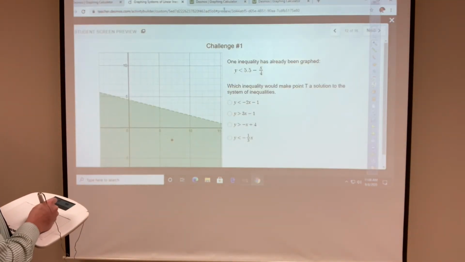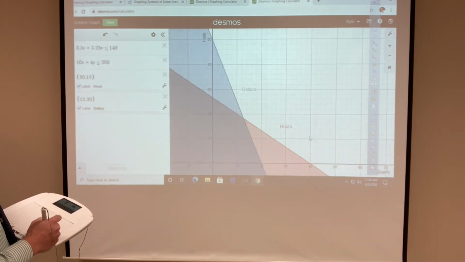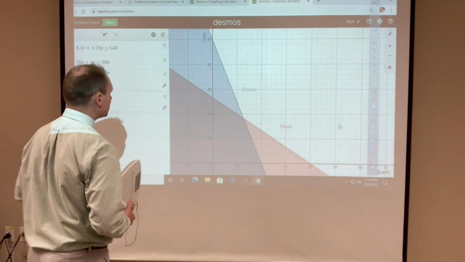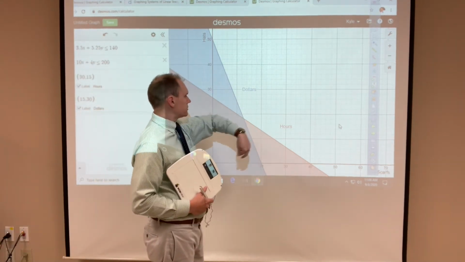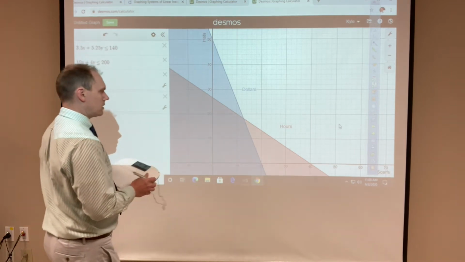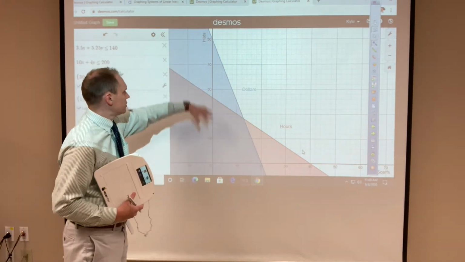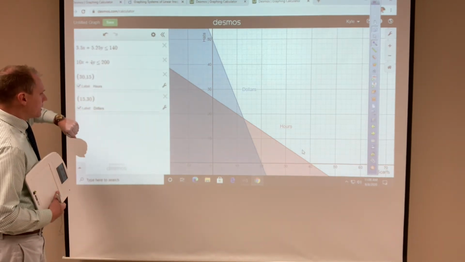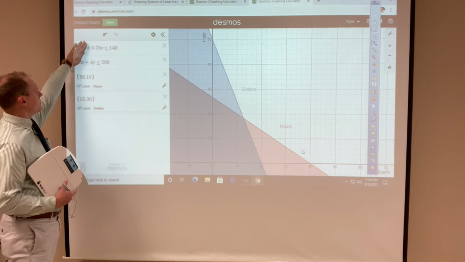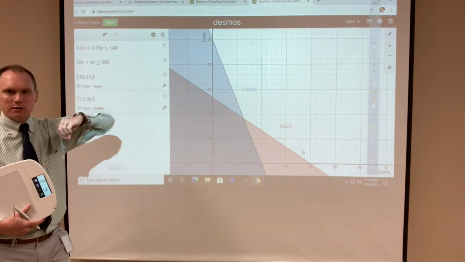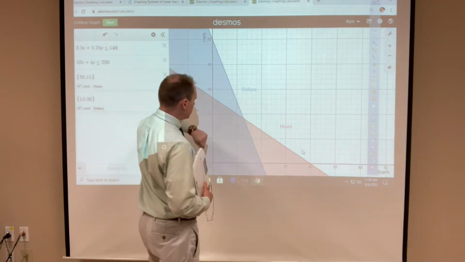If we go to the graph of this, we can see we have hats as our y, and scarves are our x, and we have dollars and hours. So our dollars is the blue, and our hours is the red. So hopefully you could do the cover-up method and find the y-intercept and x-intercept of both, and then connect the two.